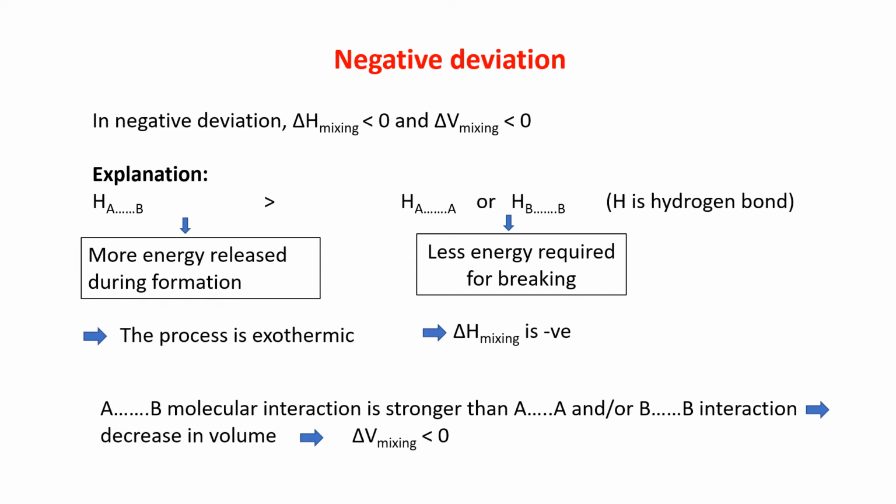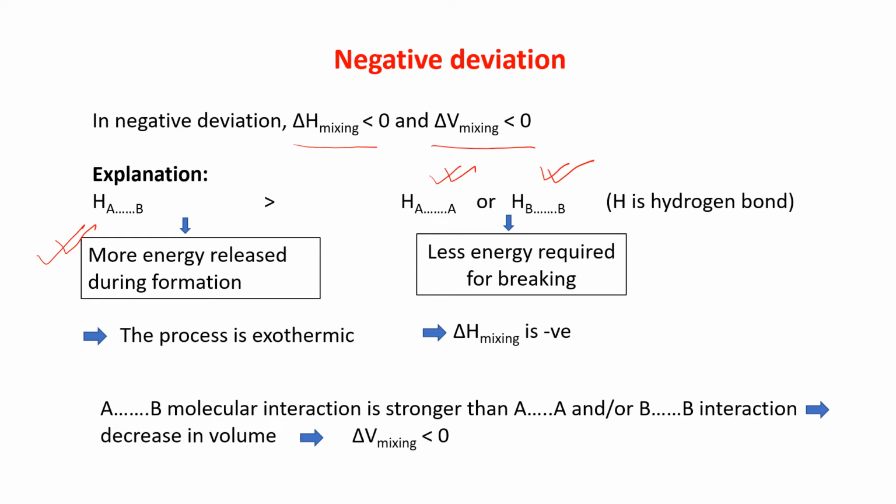In negative deviation, delta H mixing is less than 0 and delta V mixing is also less than 0. What is the explanation for this? For forming the solution with the components A and B, more energy is released during the formation, which is greater than the energy required for breaking the bonds of the similar type of molecules, that is AA or BB.